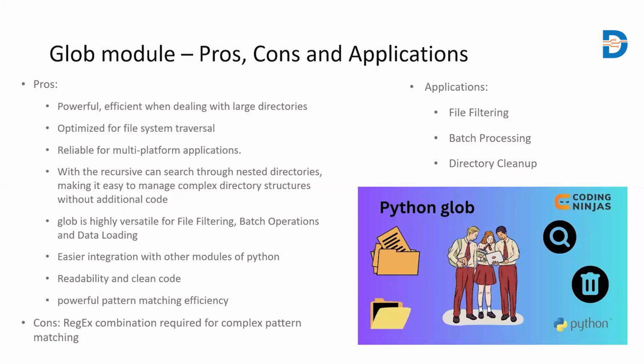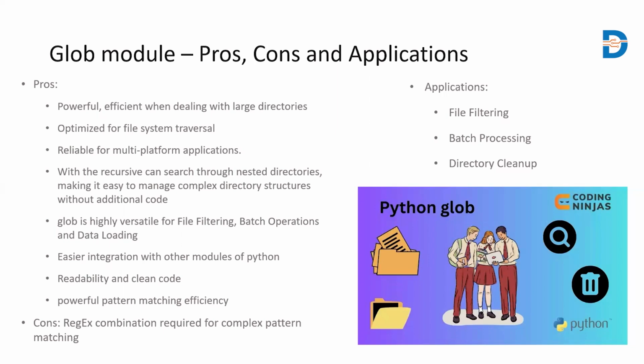To delete all temporary files created, for example, it is a simple code line and no logic is needed. You just have to look for all temp files and delete all of them. To search across different directories and nested subdirectories, you don't have to write separate lines of code each time. And this also gives you powerful pattern matching efficiency, with which you don't have to remember the file names to retrieve them.